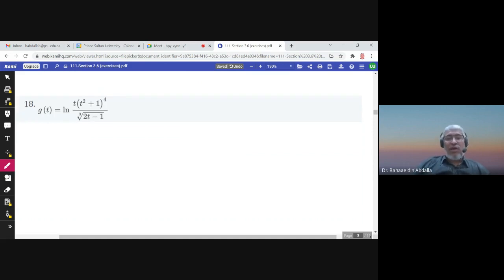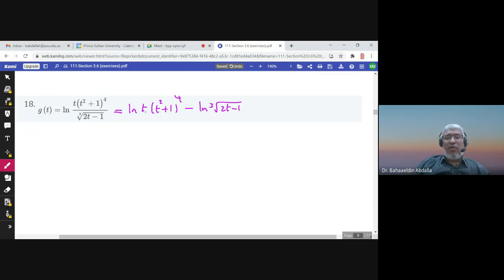Well, here I have ln of all of this. I can start by simplifying, expanding the logarithmic function. If you expand the logarithmic function, you have ln of the numerator, t times t squared plus 1 to the power 4, minus ln of the denominator.